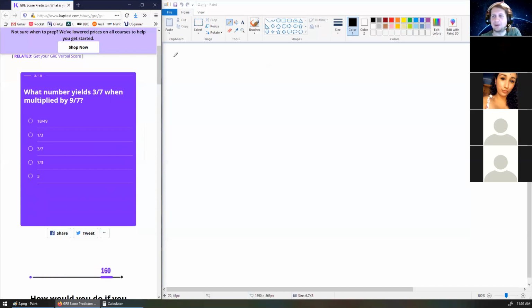So real quick, I'm going to go ahead and rewrite the fraction multiplication. It just goes straight across. And I'm going to show you another little thing here too. What is this question asking us?